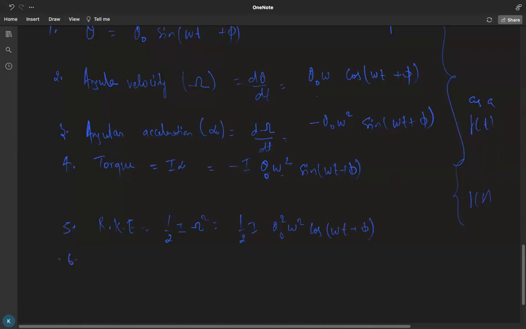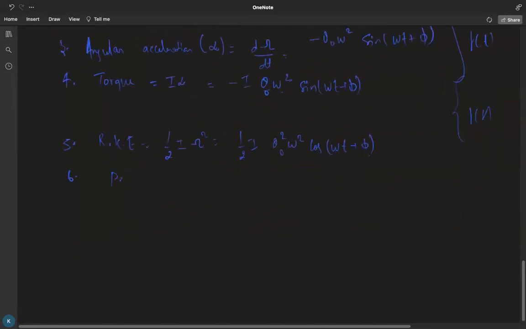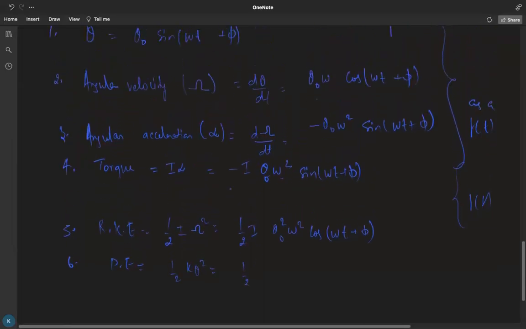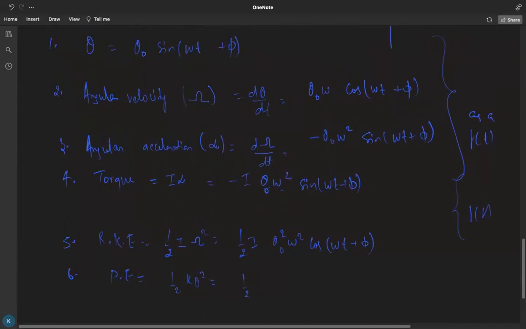Sixth thing, you have to find potential energy. Potential energy is nothing but half k x square, and here it will be half k theta square. So half k, and what is theta here? Theta is theta naught sine(omega t plus phi). So half k theta naught square sine square(omega t plus phi).